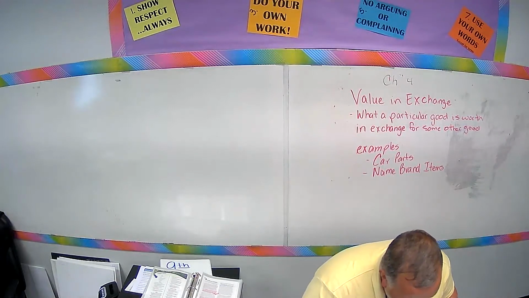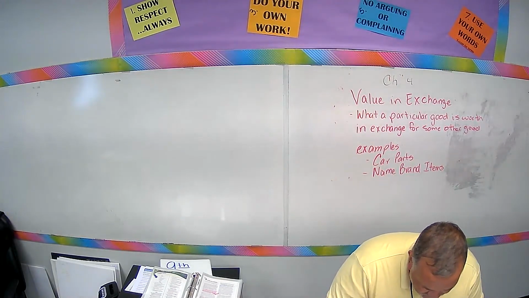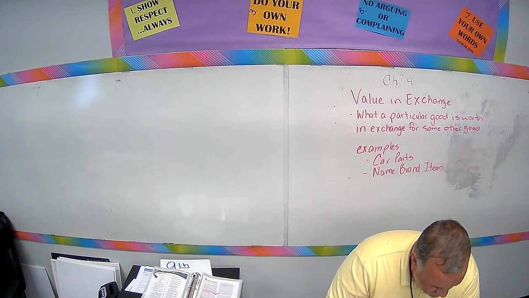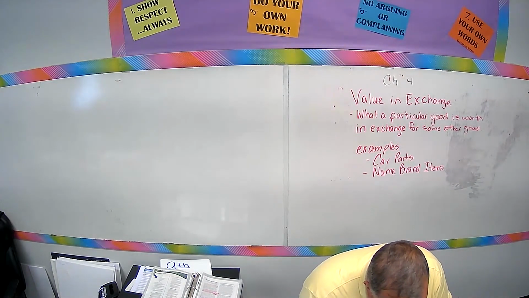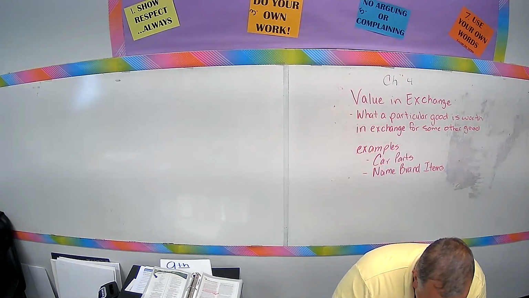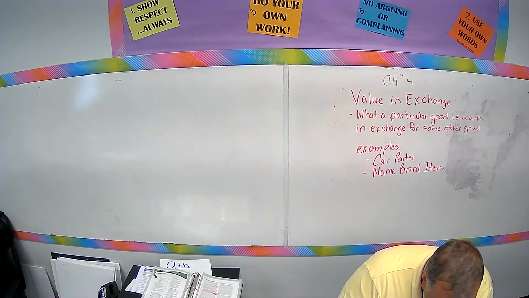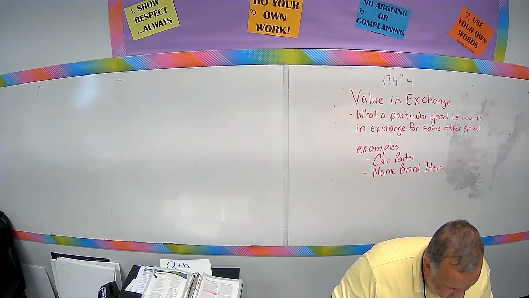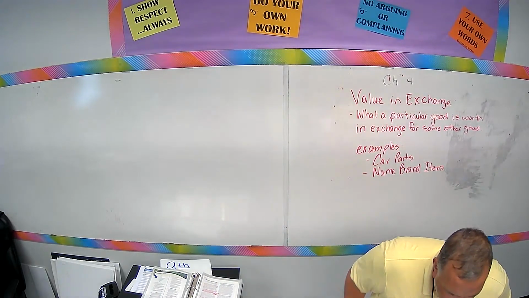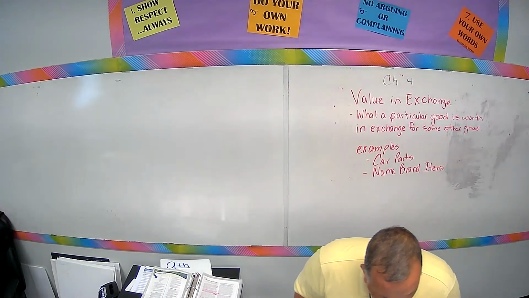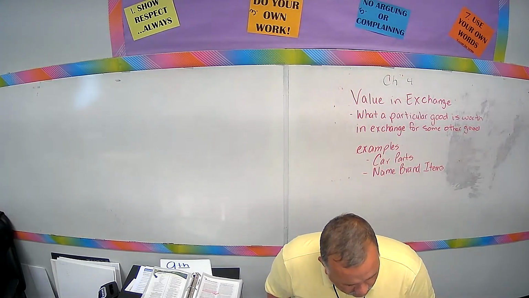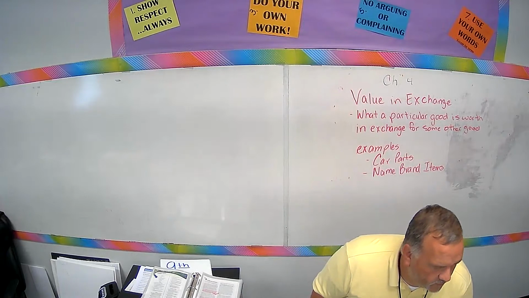Okay, so let's look at page 53 and talk about marginal utility and value and diminishing marginal utility. Okay, so the value that's placed on a good varies from person to person according to individual needs and wants.